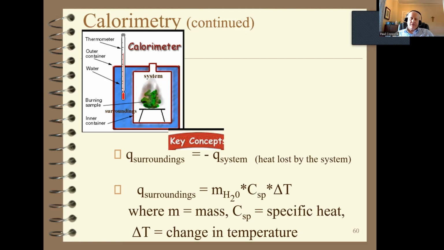M is mass. C means constant, which is specific heat constant, is equal to, and delta T is change in temperature. And the nice thing is that the units of C will be given because it's a constant. You don't have to memorize constants.